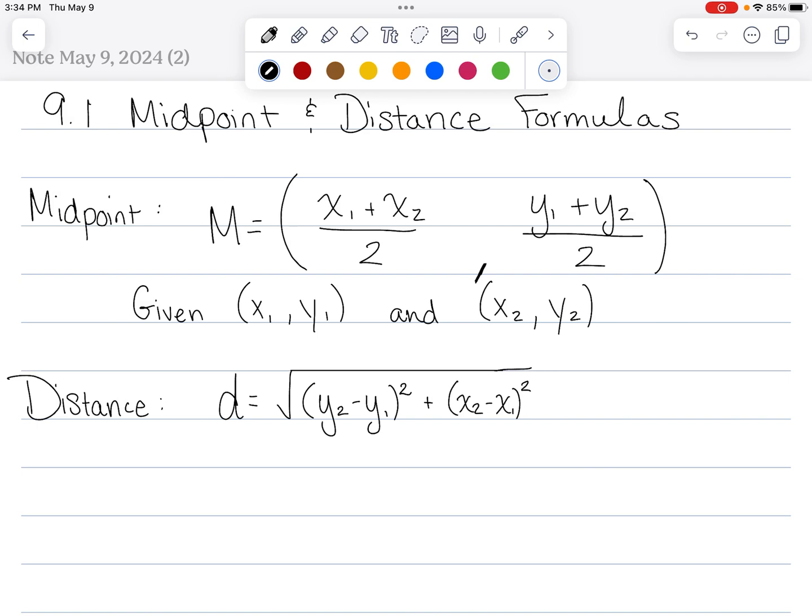Essentially, the distance between the y's squared plus the distance between the x's squared will be equal to the hypotenuse squared, so you square root it all. Again, this is in the situation where you're given those coordinate points.